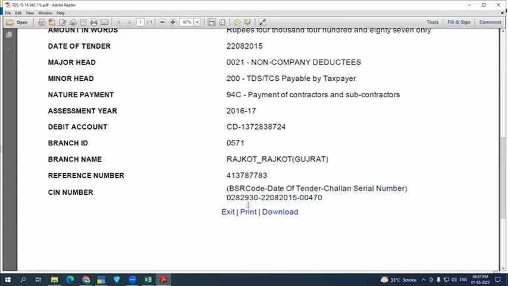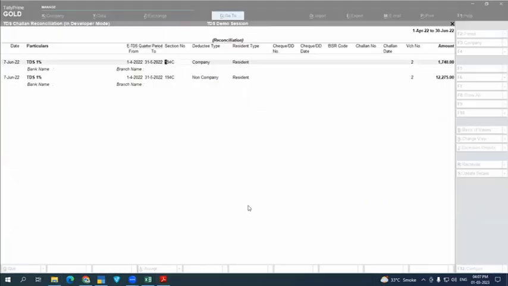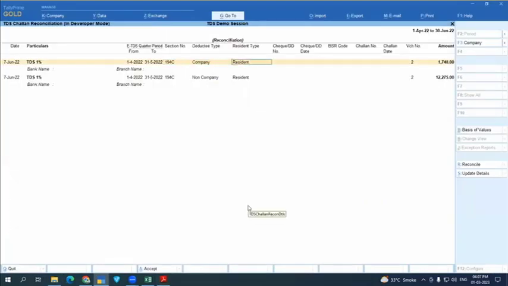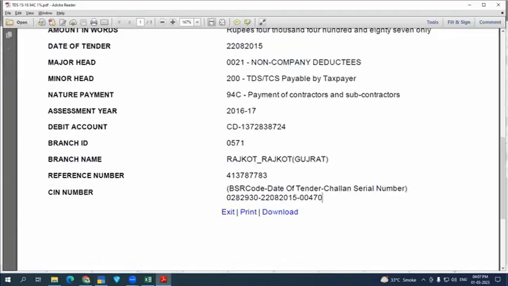Okay, so you have to put this information here. You can see check number 1, 2, 3, 4, whatever. Check date. Let's take 7th. BSR code. Suppose you only put 1, 2, 3, 4, 5, Tally will show one error: that BSR code should be 7 digits. So I can take it from here. See, this is the BSR code.